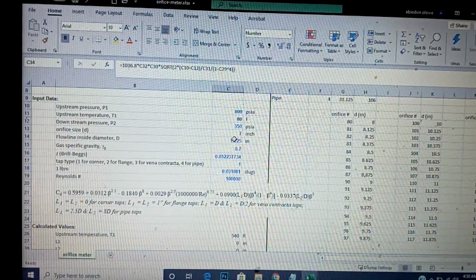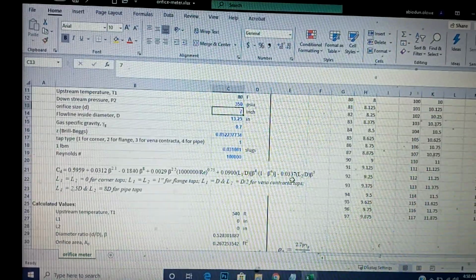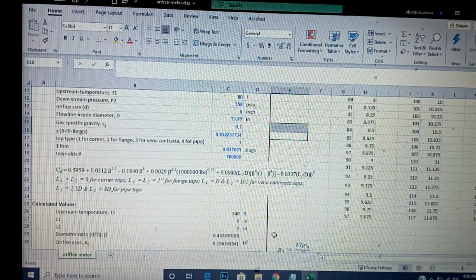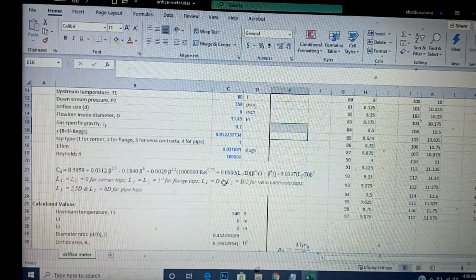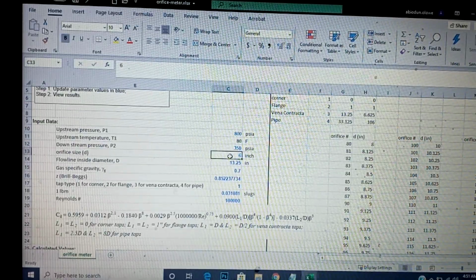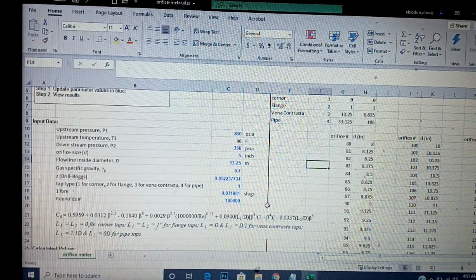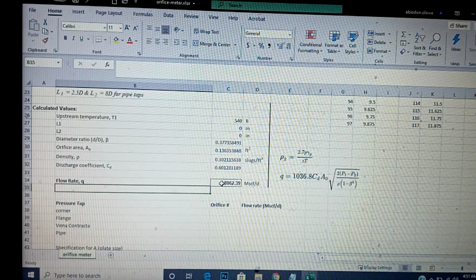So let me try 6. I want to get it down to 10. Oh, you see, that's 11 million. So let me try 5. 5 is too small. I want it at 10 million.